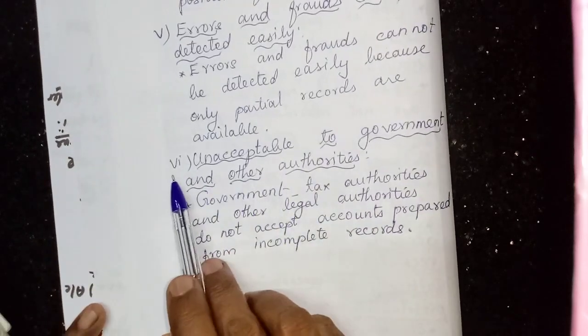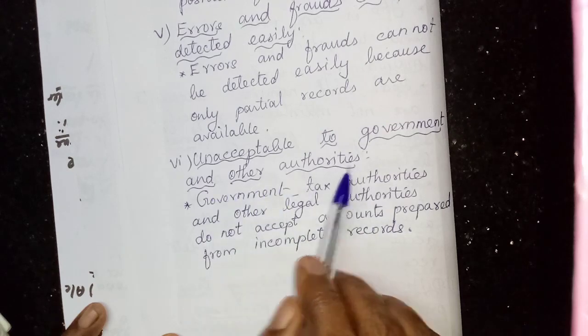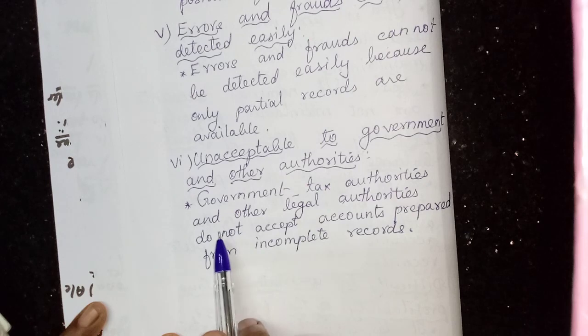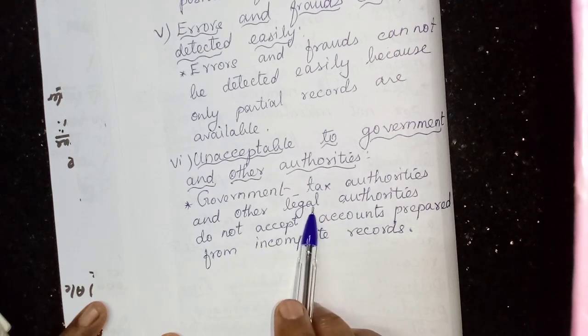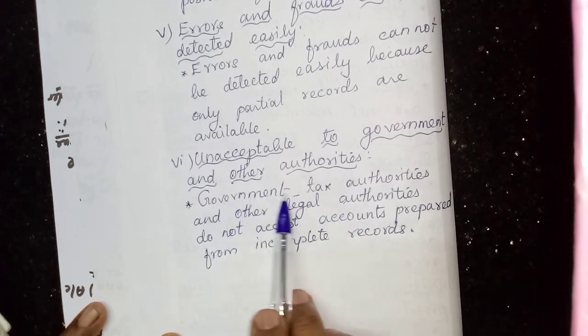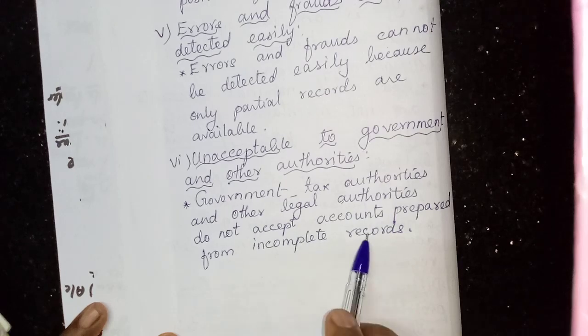Then the last point, unacceptable to government and other authorities. Here government, tax authorities and other legal authorities, maybe the town panchayat, then district court, all come under this heading. They do not accept accounts prepared from incomplete records.